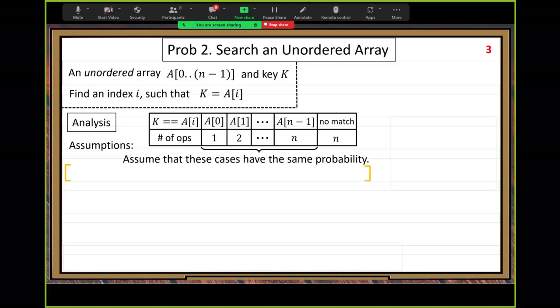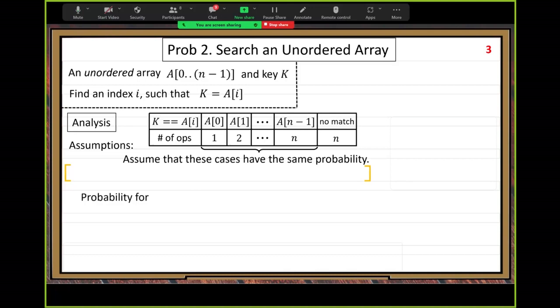Each element has an equal chance to be equal to the given key k. That means they have the same probability.